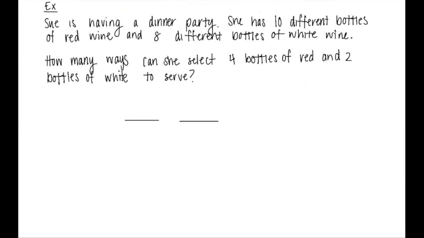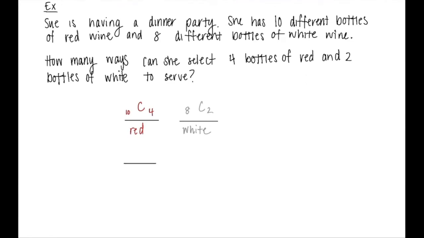So again, I've got 2 events happening. We've got our red wine, and then we've got our white wine. For the red, she's got 10 bottles, and we're choosing 4 of them. For the white wine, from 8, we're choosing 2.